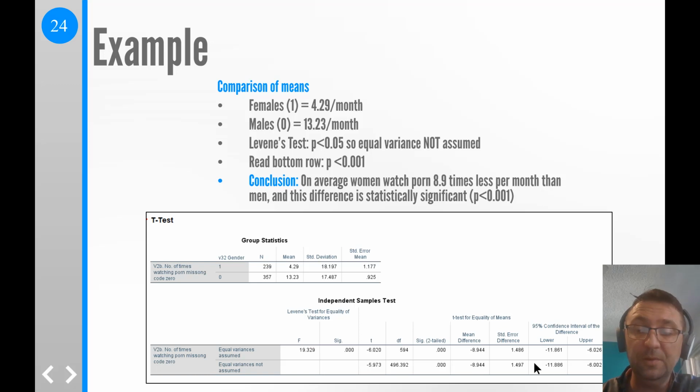So we know the true population parameter, the true average difference between men and women in the number of times they watch porn in a month, is in that range of basically 6 to 12. Very good.